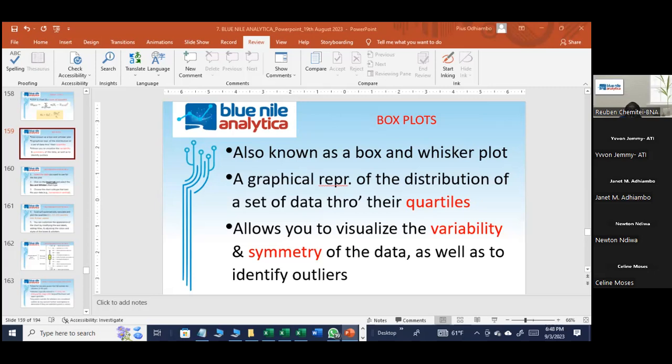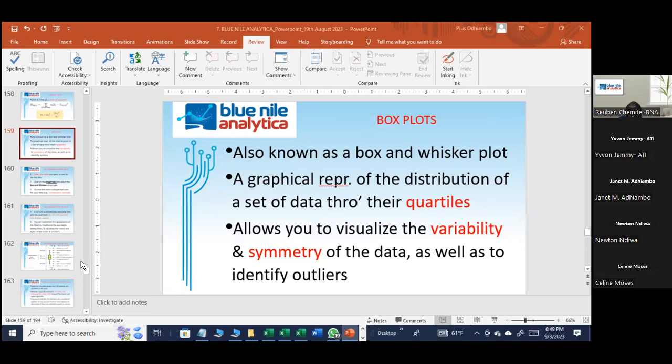The middle point of the lower set of data is the 25th quartile, and the other one is the 75th quartile for the upper data set. And therefore, a box plot gives us a summary of the data.